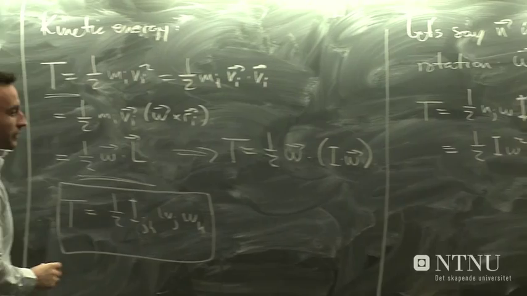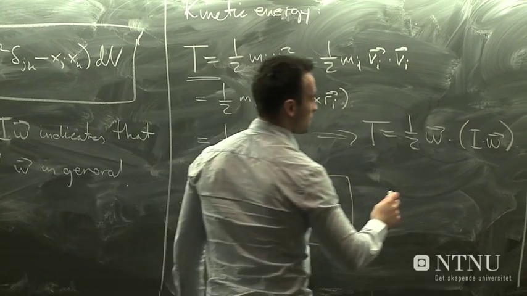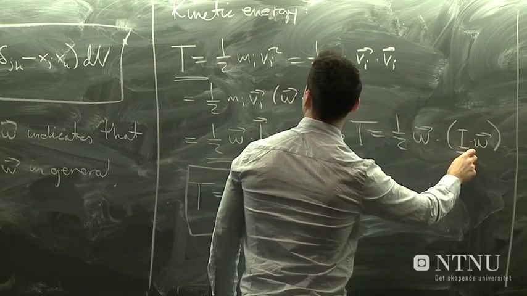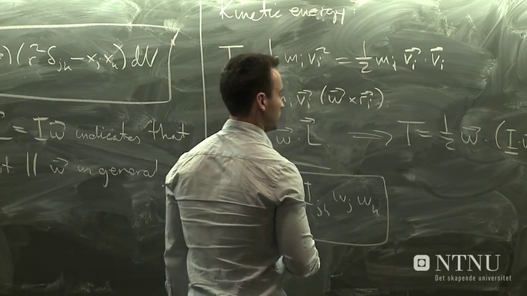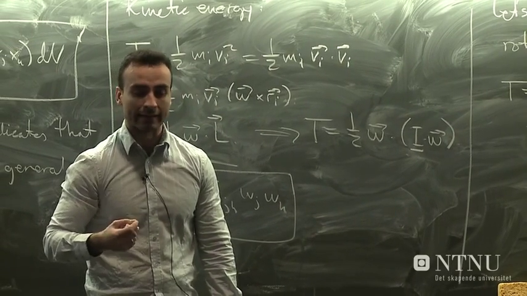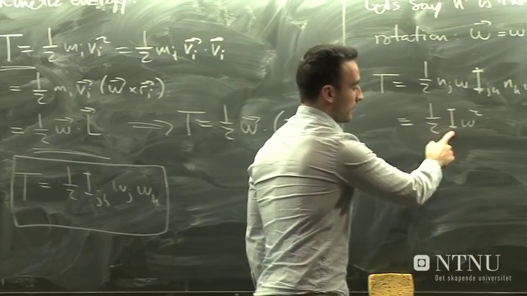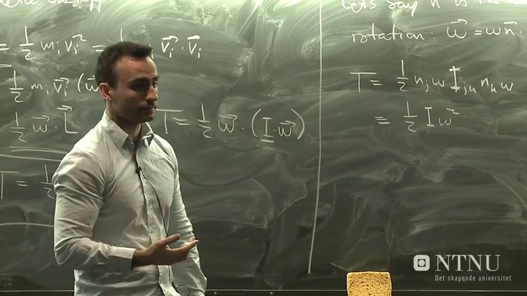I realize now I should have used a different symbol for the matrix. So let this underscore notation indicate that I is a matrix, and here, I is just a scalar.